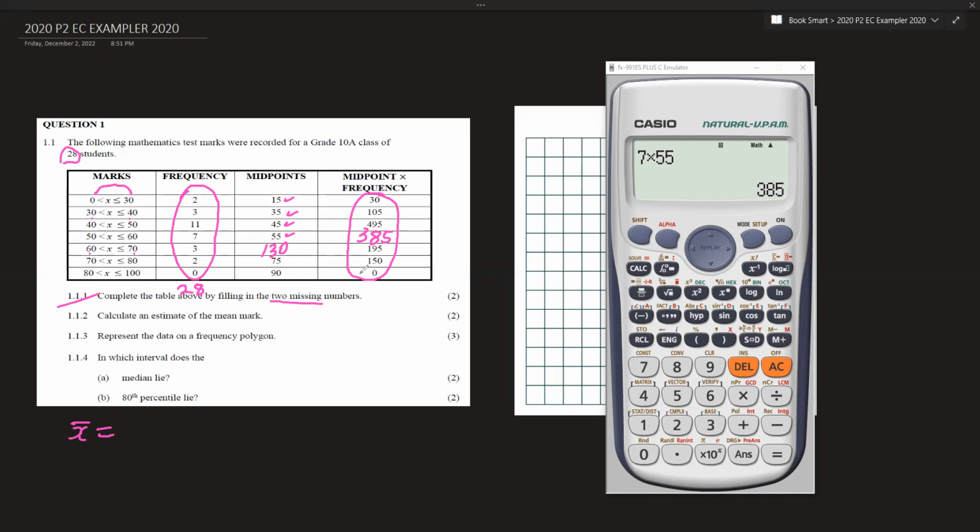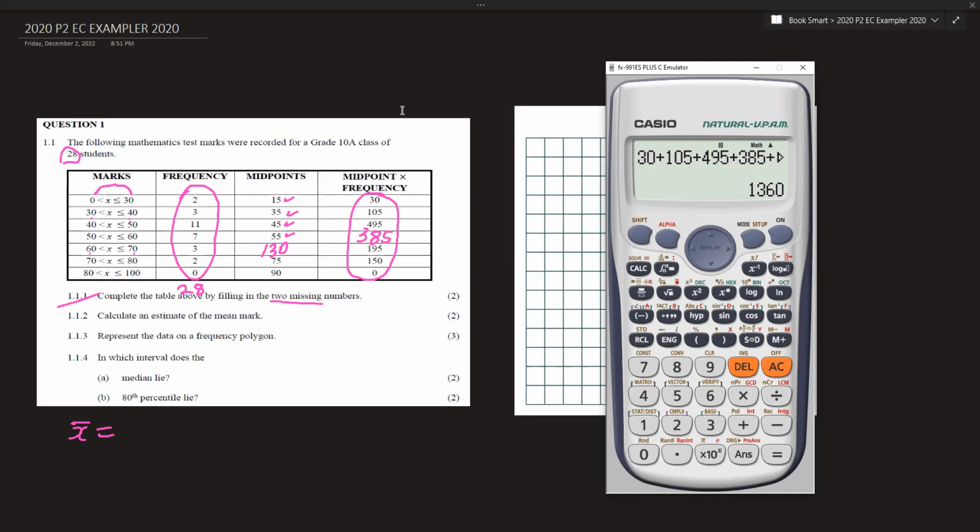So we need to add everything there. Okay, let's do that. So it's 30 plus 105 plus 495 plus 385 plus 195 plus 150 plus 0, okay.